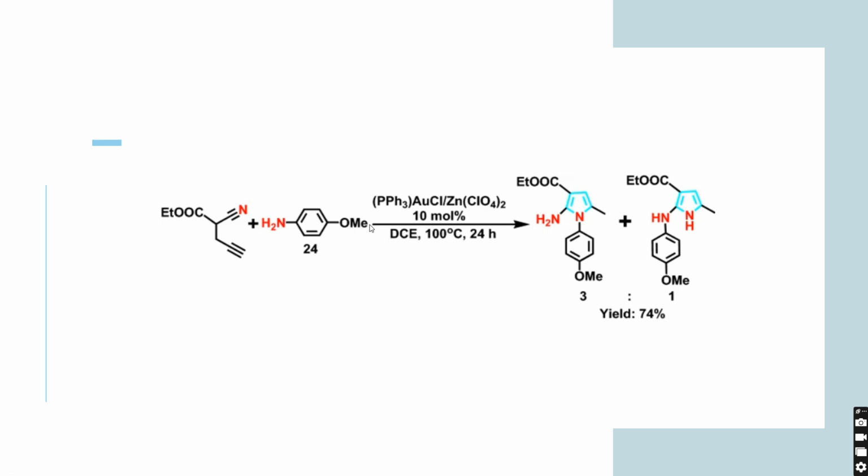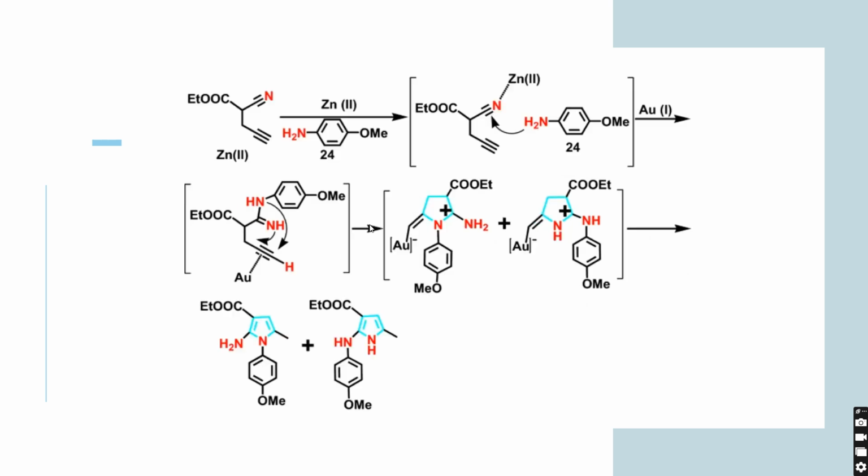So the same mechanism is going to be followed, and if you look at the mechanism, this is how the cyanide nitrogen atom will be first activated by the zinc metal, which is in +2 oxidation state, and then it is going to be attacked by the amine, okay, 4-methoxyaniline.